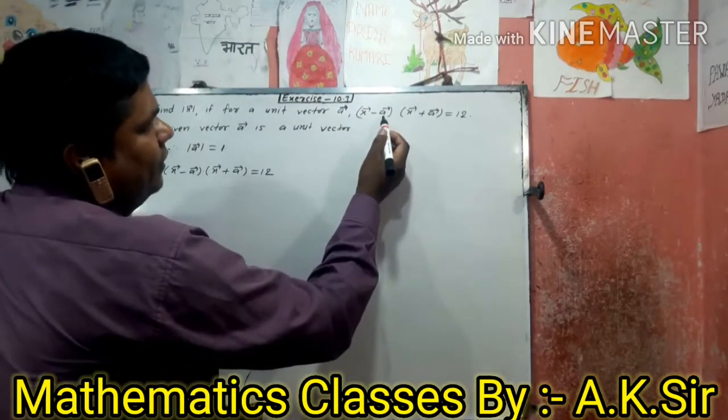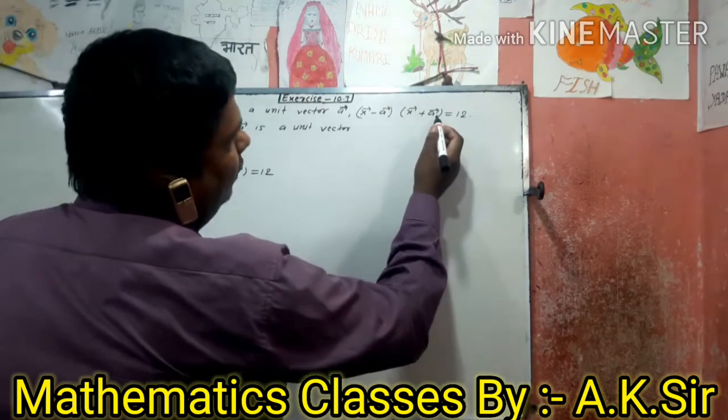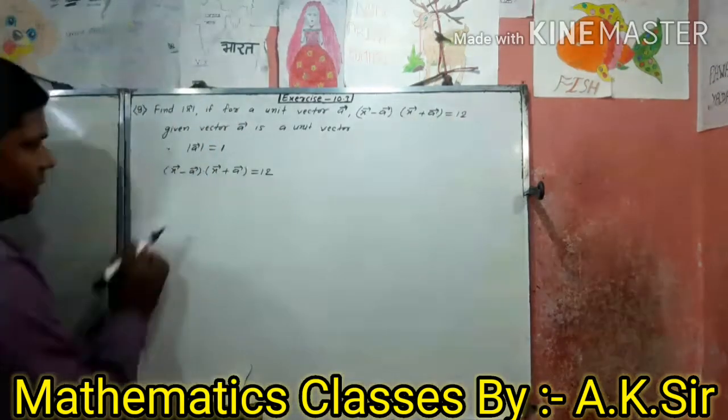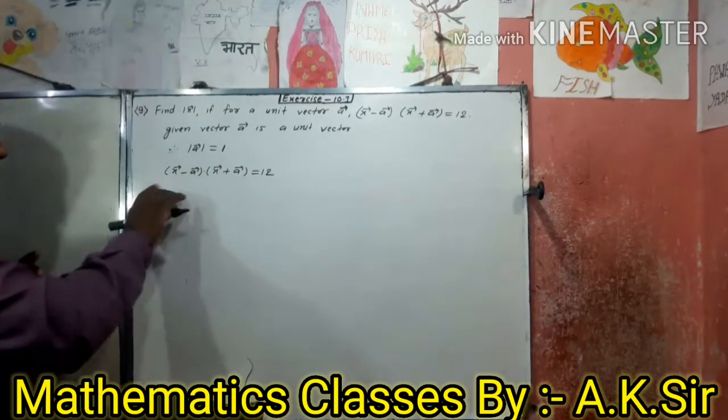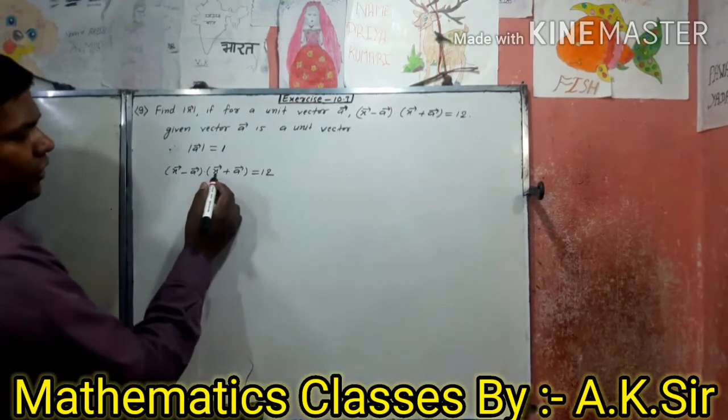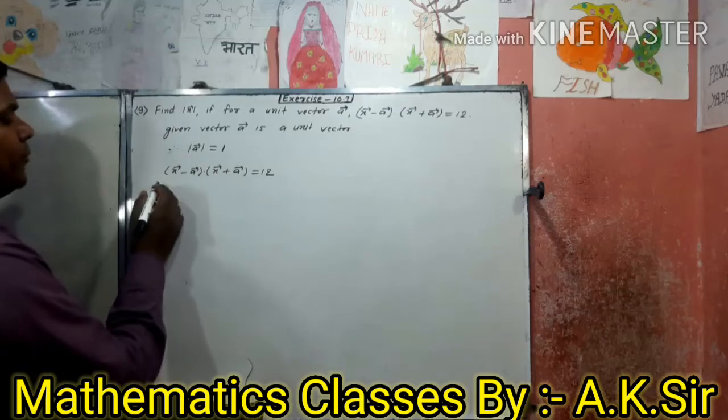x vector minus a vector dot x vector plus a vector is equal to 12 is given. So here also we can write x vector minus a vector dot x vector plus a vector is equal to 12.